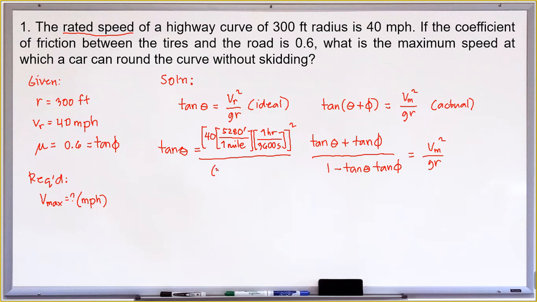Divide by G in terms of English unit, 32.2, and our radius should be in feet, 300 feet. So sa ubos, mahimo diri og feet square per second square. Sa upper pod, matangtang ang mile, matangtang ang hour, so feet square per second square gihapon. So makancel ra gihapon.